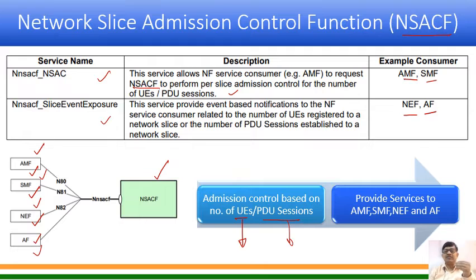This is kind of an event or notification which is sent to NEF and AF if they have subscribed to this particular notification. They take a decision based on it, because application functions may belong to a certain network slice, or the third party application functions may be getting connected through NEF. So knowledge of the number of PDU sessions and number of UEs on a particular slice is important for these network elements.